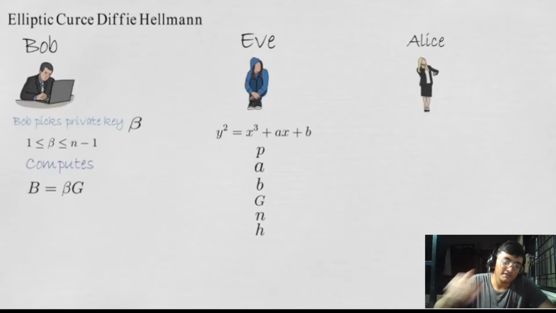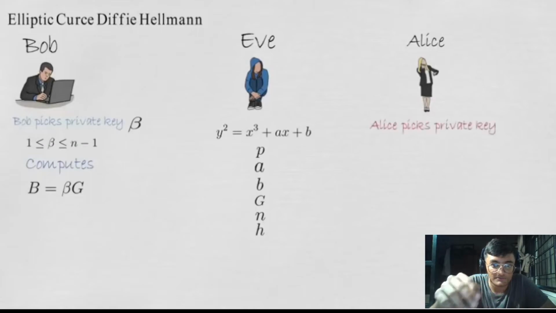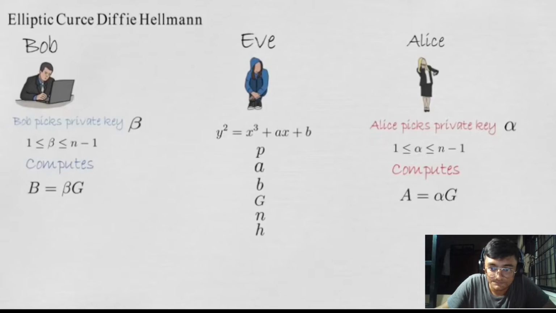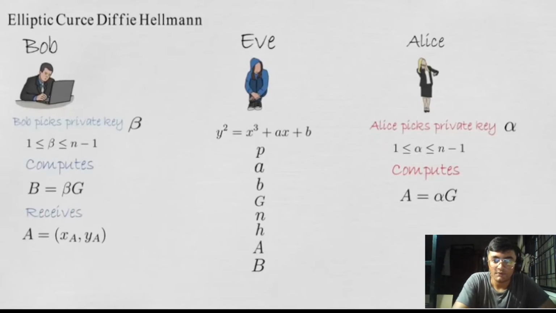After that he computes his public key, beta times the generator G. Alice picks her private key alpha at the same time, and computes alpha G. After that Bob and Alice swap the points with each other.